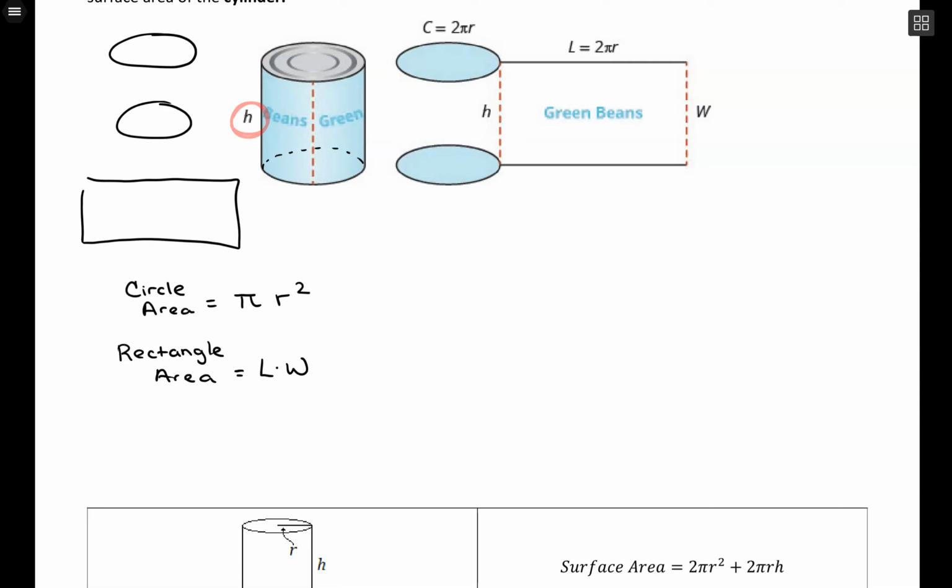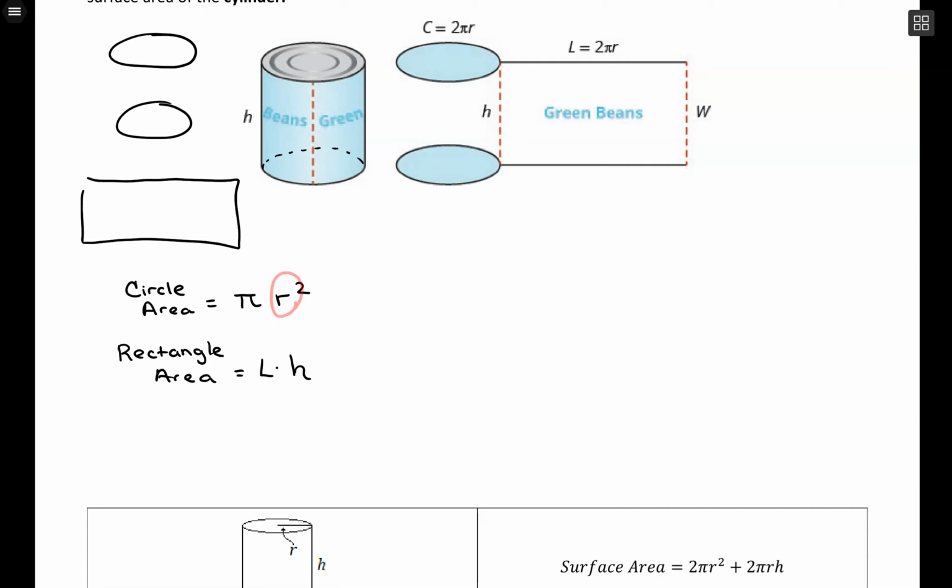We're going to have a height to the cylinder. We'll also have some description of either diameter or radius. So that'll be given to us, the height and some information about the circle. This height is going to relate directly to the width of the rectangle that we're dealing with. So instead of writing L times W here, I'm just going to switch that to H.